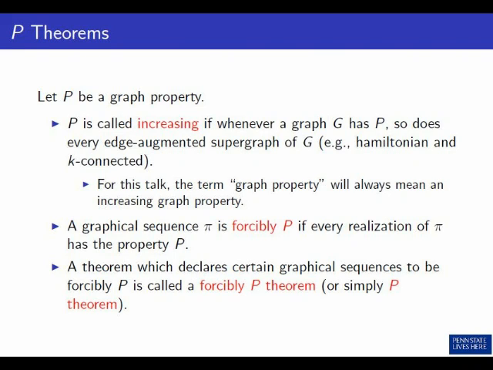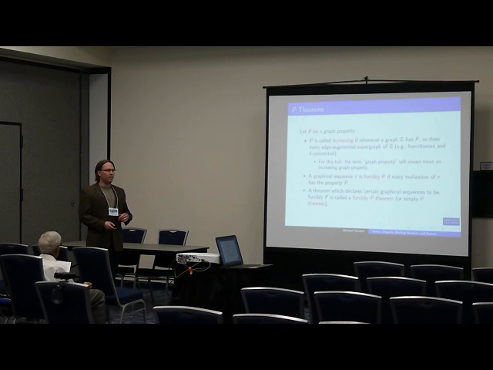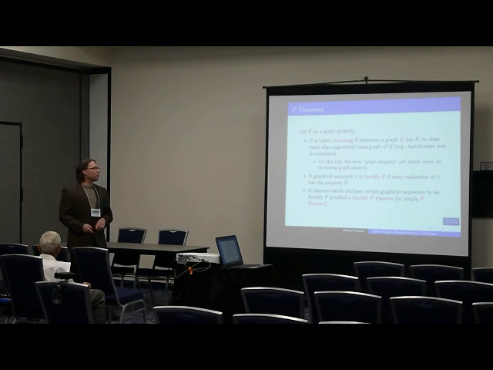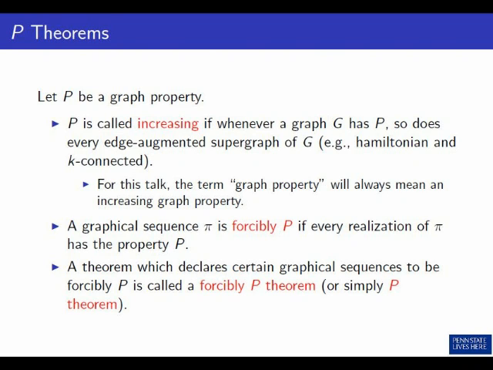P-theorems. We're going to let P be a graph property. In particular, we're going to be concerning ourselves with increasing graph properties, meaning that if the property exists for the graph, then adding edges will preserve that property. So for the purpose of this talk, graph property will always refer to increasing. So Hamiltonian, k-connected, for example.